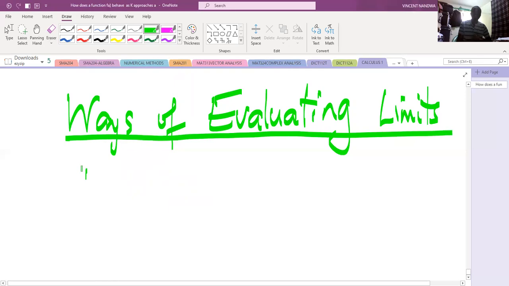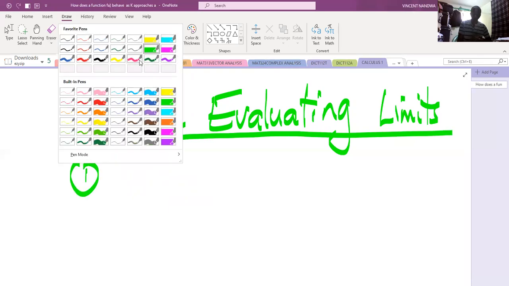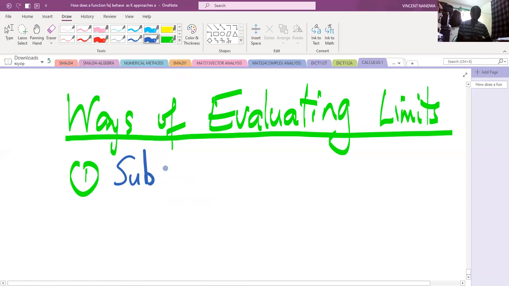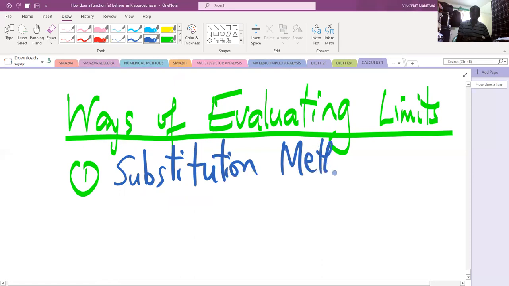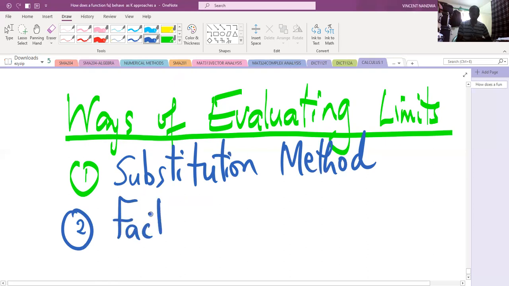So one, the obvious method is what we call the substitution method. If substitution doesn't work, we can do what we call the factorization method.